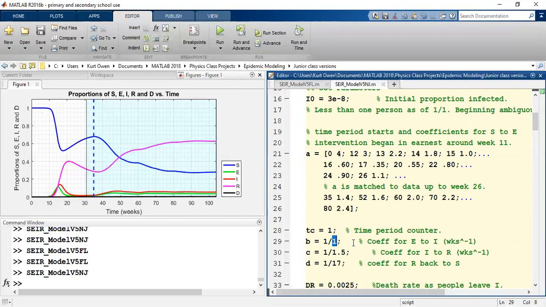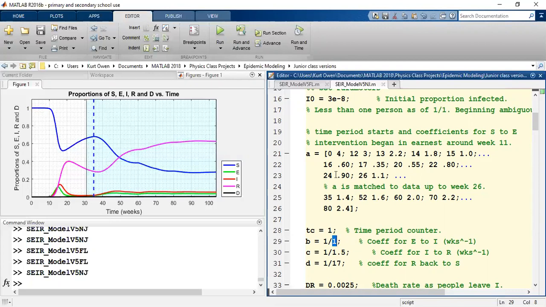It means that in about 1 week, most people would have gone from being exposed to being infected. Okay, so it seems like it can go as long as 2 weeks, but the majority of people, once they're exposed to the virus, within a couple of days to a week, most of them will have become infected. So that's why I changed that number to 1.